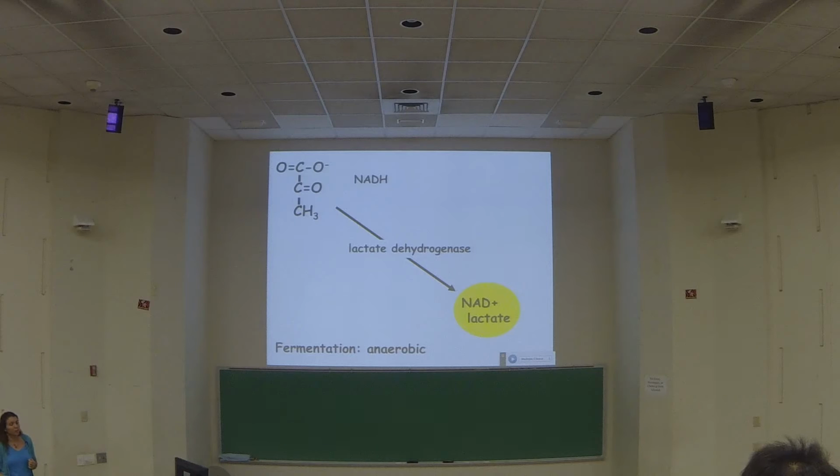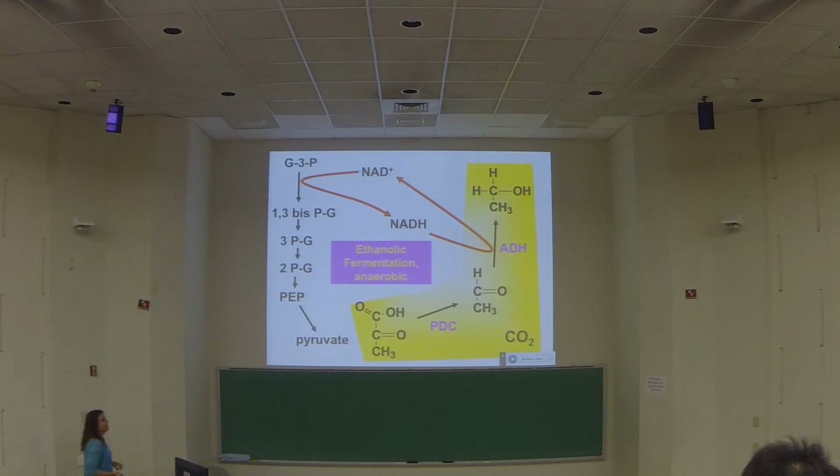And then perhaps everyone's most favorite fermentation pathway, the one that generates alcohol. So this is a two-step fermentation pathway. We start again with pyruvate. We have a pyruvate decarboxylase. So we're pulling off a carbon, in the first step, carbon dioxide.